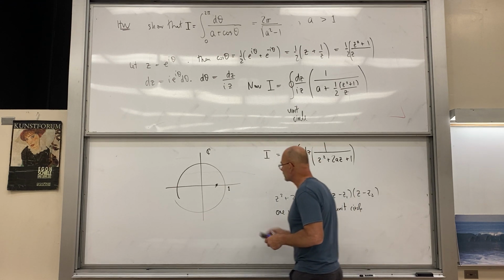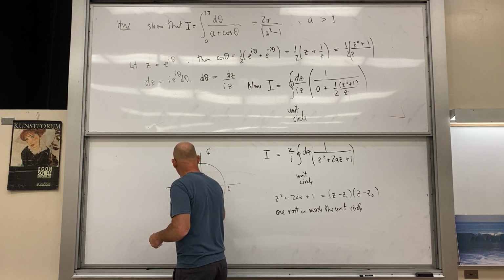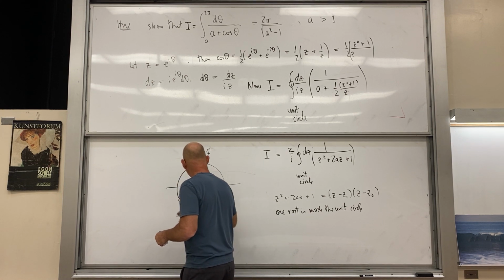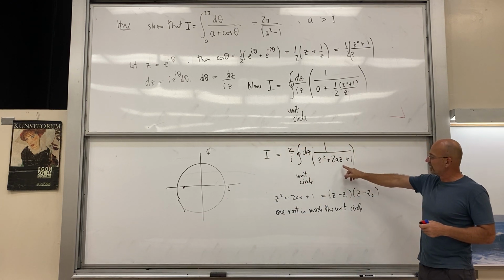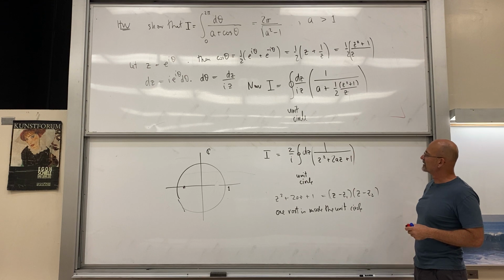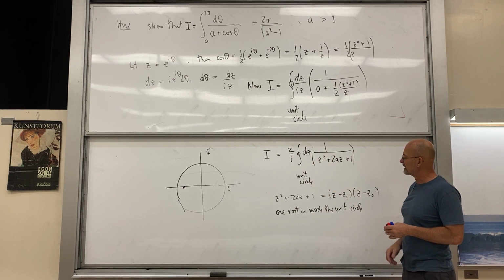In fact, I think it's over to the minus direction. But you guys can discover that. One root's inside the unit circle somewhere, depending upon the value of a, so you have to monkey around with that a bit. And then it's just the residue theorem, okay?